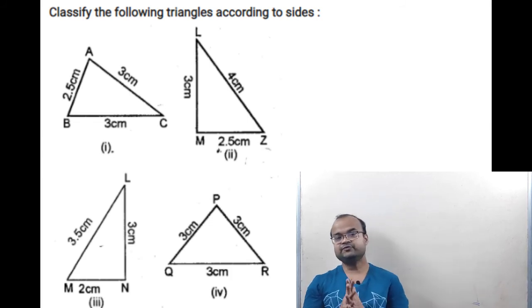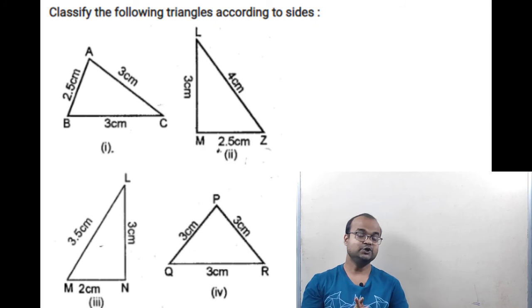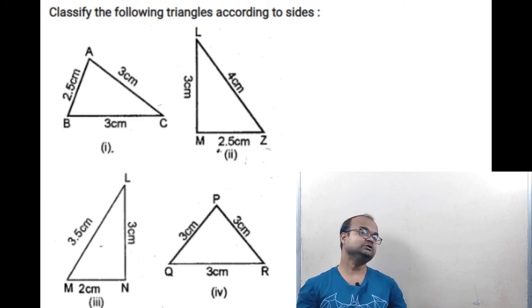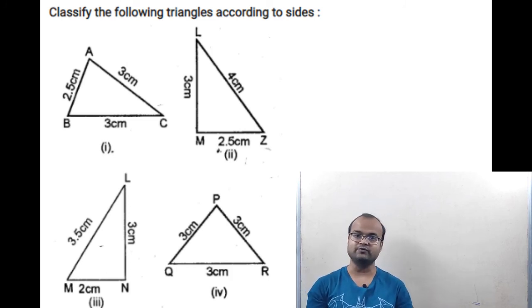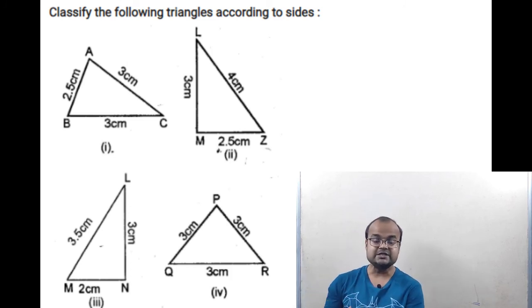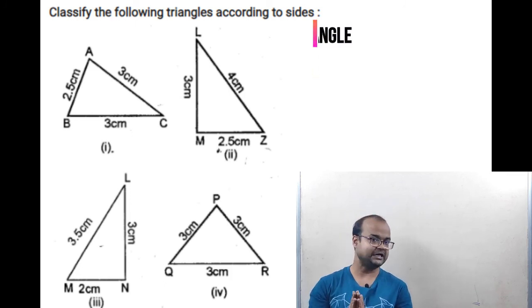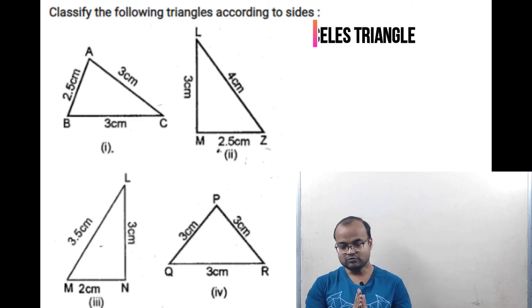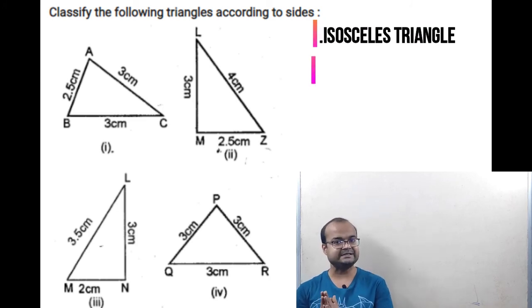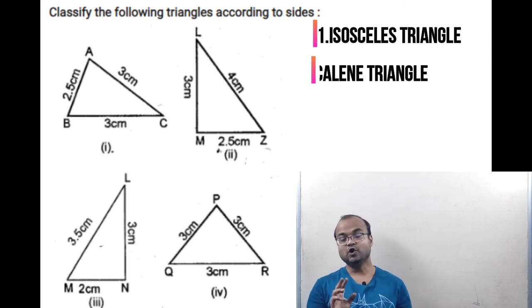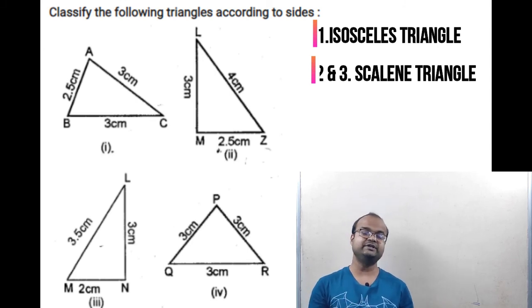Now look at the first diagram. Here two sides are of equal length, 3 cm and 3 cm. So this is an example of an isosceles triangle. Isosceles triangle means two sides are of equal length. Now moving to the second and third diagrams, all the sides are of different lengths.